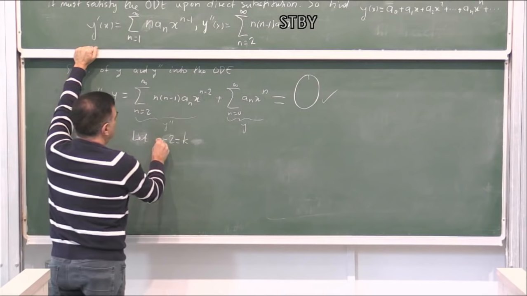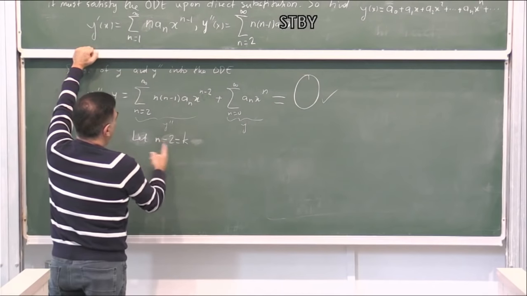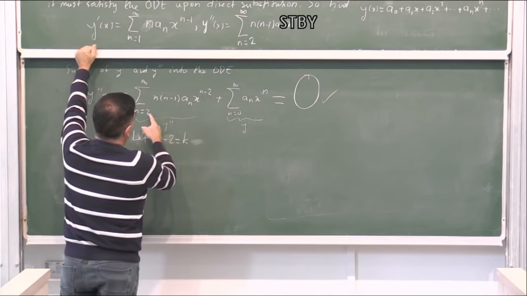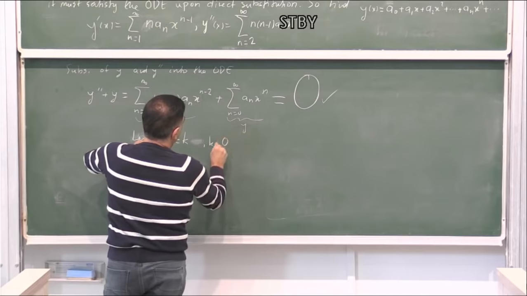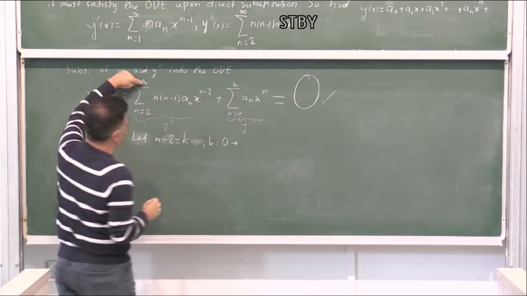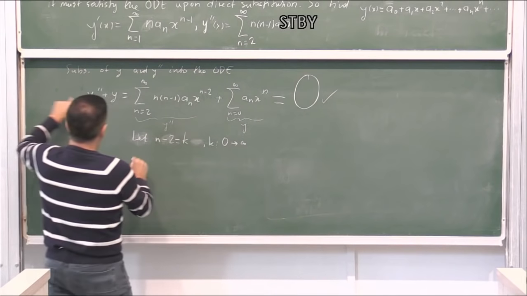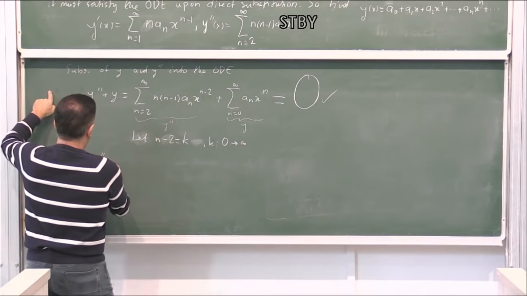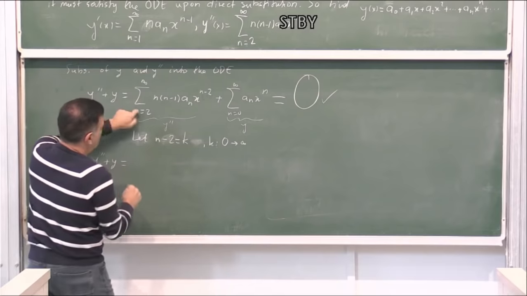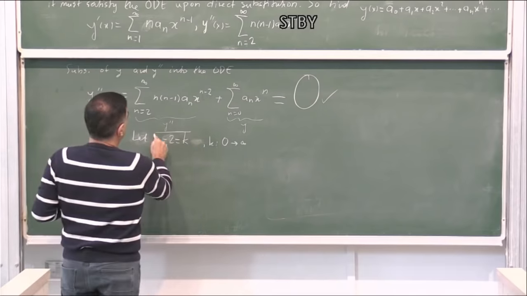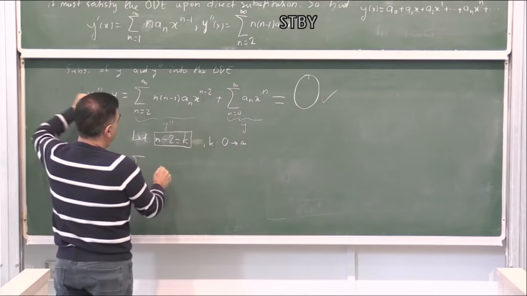When n starts from 2, k starts from 0, and up to when n goes to infinity, so does k.